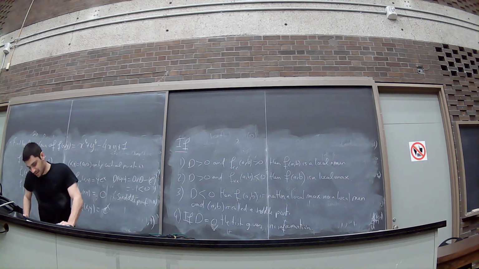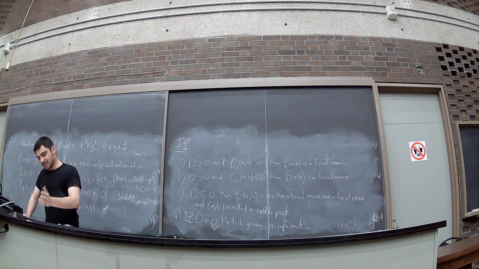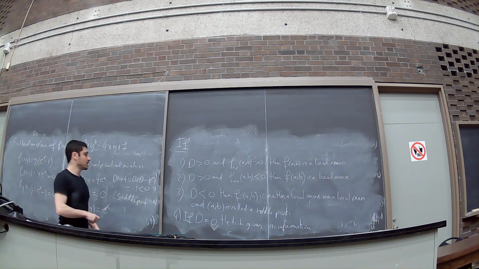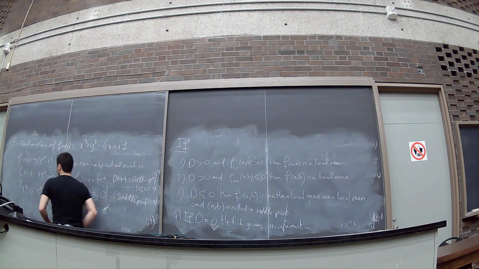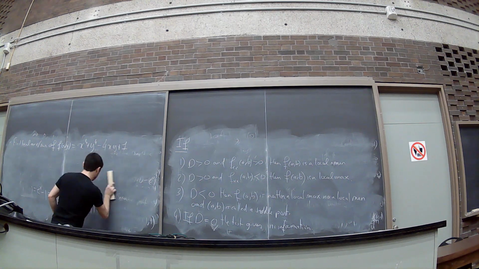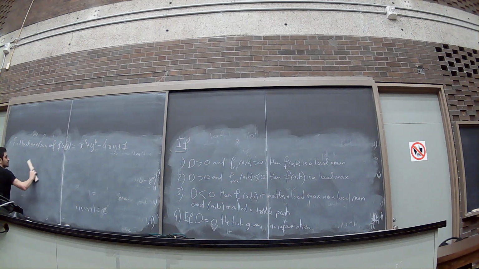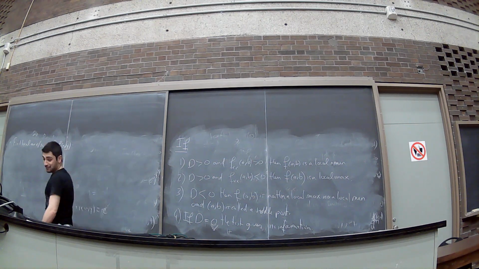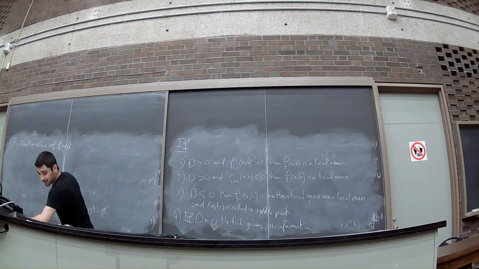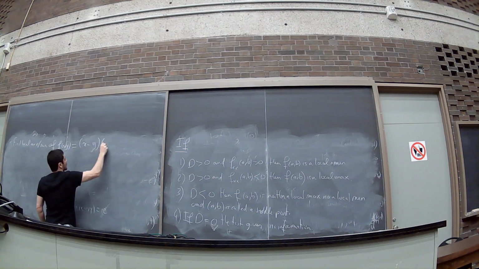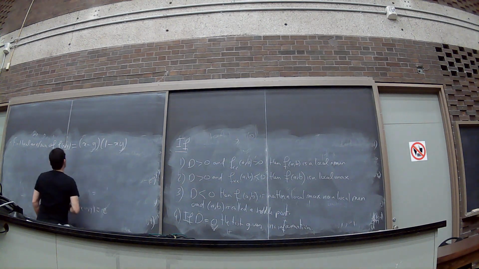So let's pick. Okay, so again, now I'll try an example from the book, and then we'll see how it goes. So f(x,y), I'll write here, f(x,y) is (x minus y) over (1 minus xy).